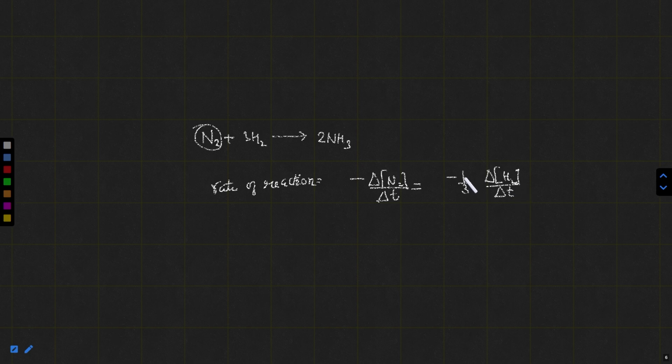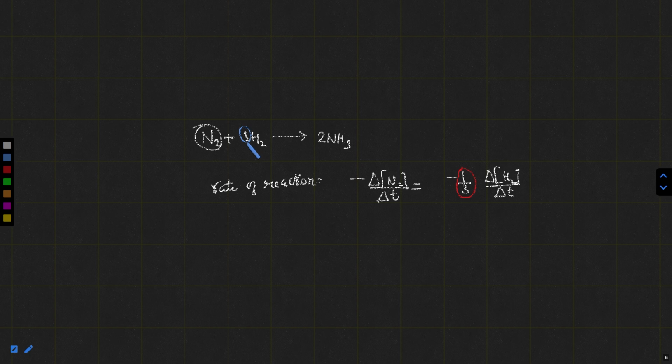So you should notice here that I have introduced a 1 by 3 factor here. And that factor is the reciprocal of the coefficient that was against this H2. So this is the thing that you should remember.